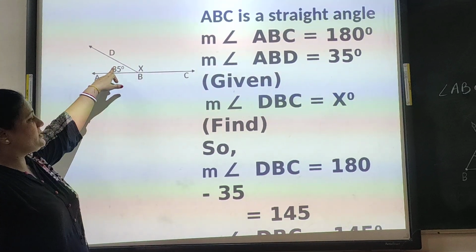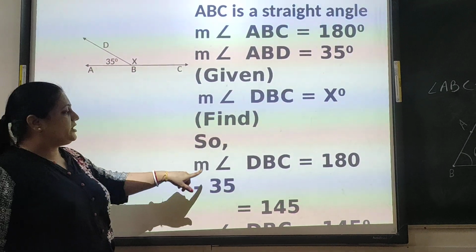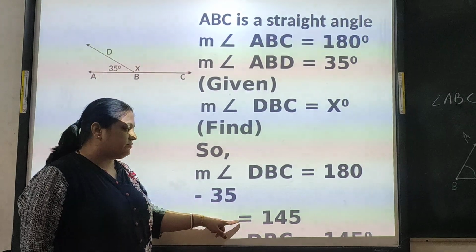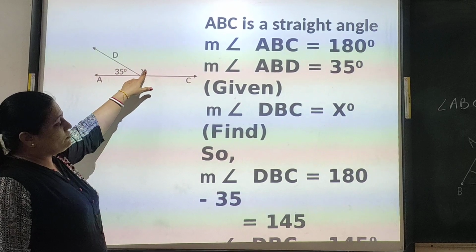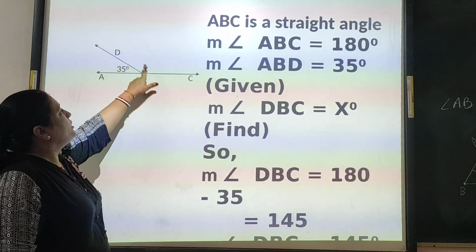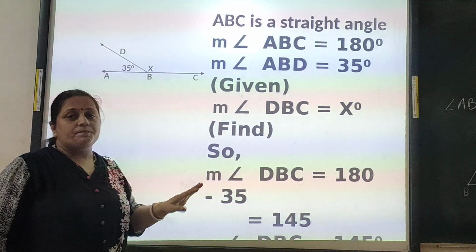So 180 minus 35 and we have to find out the answer. So see here, measure of angle DBC is equal to 180 minus 35 is equal to 145. So measure of angle x is equal to 145 degree. So it is the measure of angle DBC.